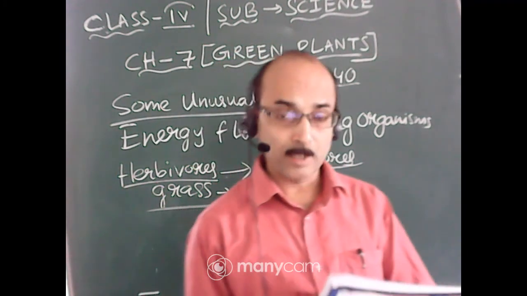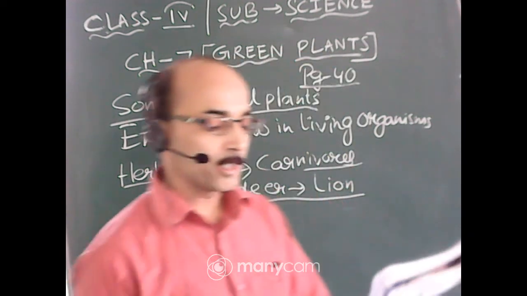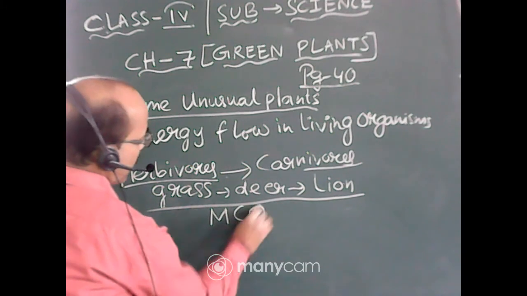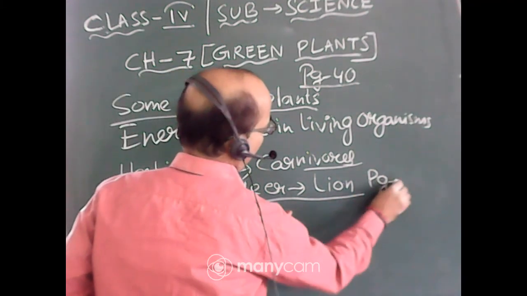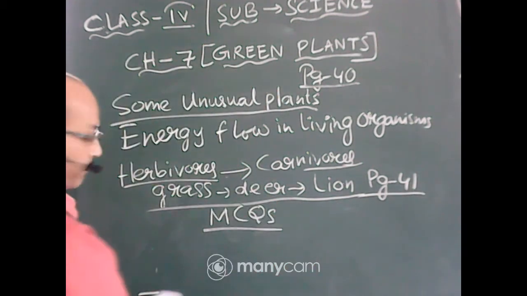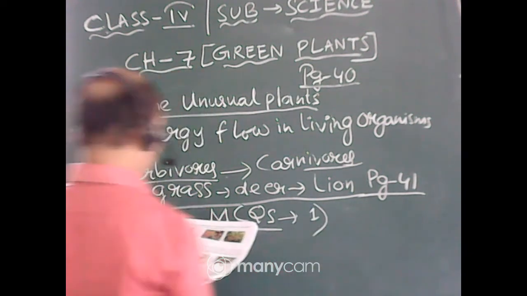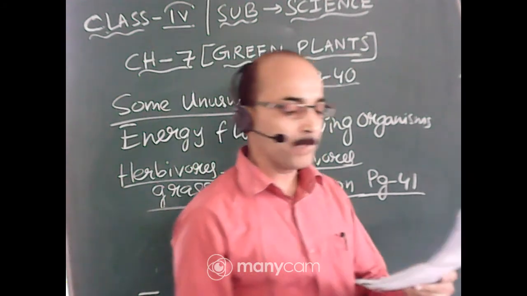Now there is one MCQ, we will solve that one. Tick the correct answer. I am discussing from page number 41. MCQ number 1: Cactus makes its food in its stem, leaf, root.